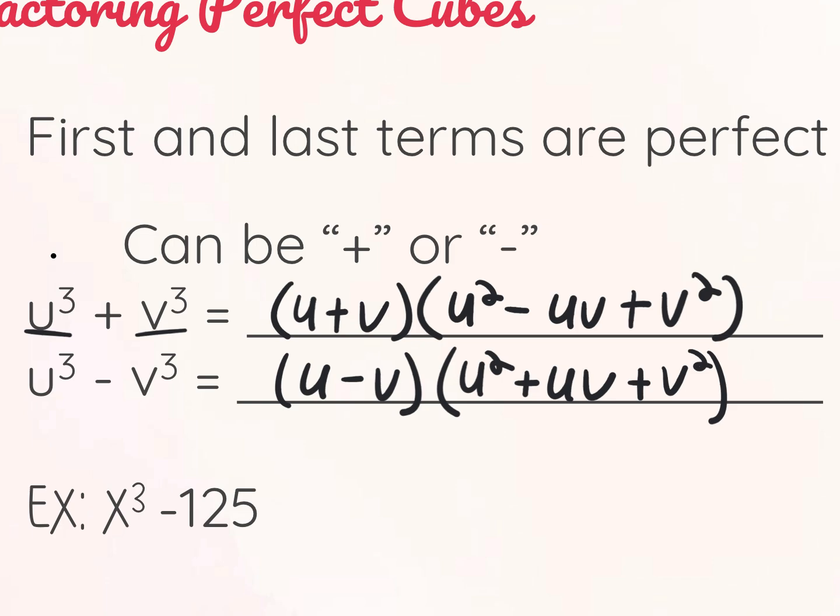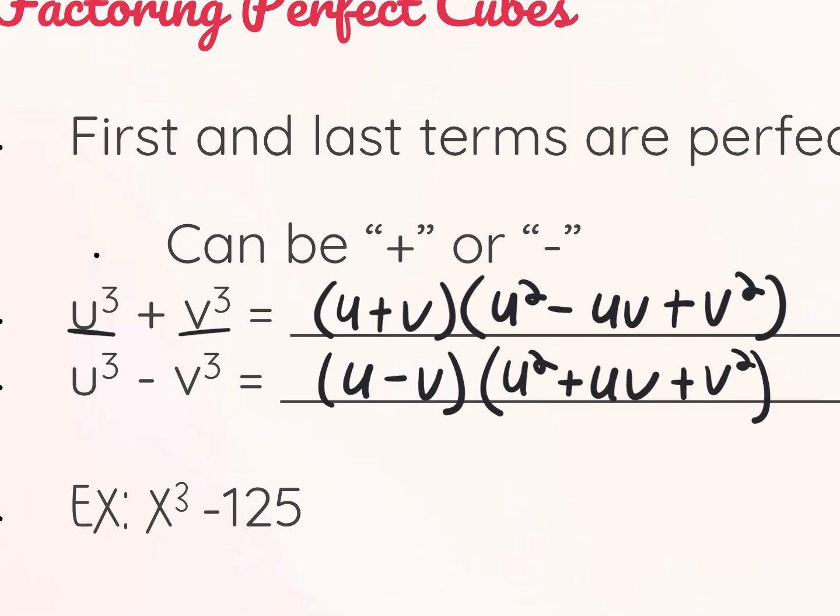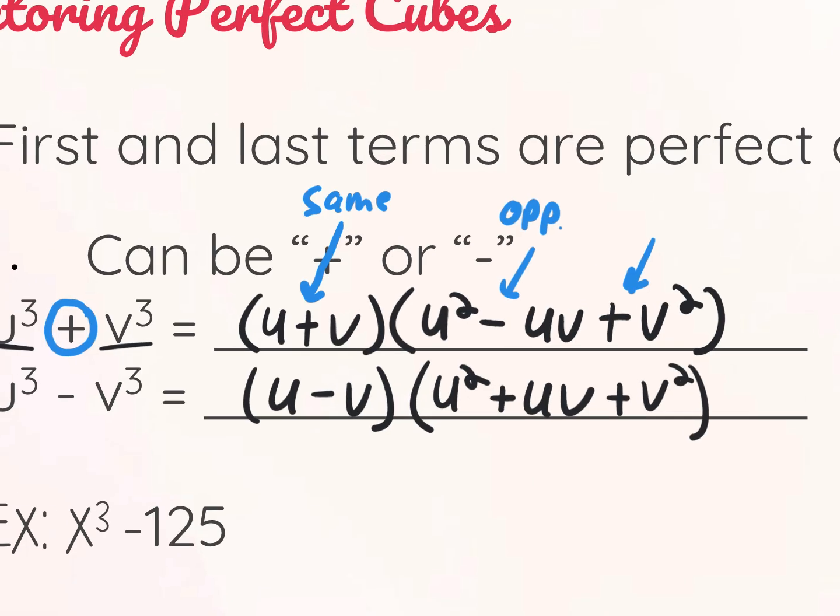One way that I like to remember the signs, some people mess up the signs, is whatever you see in the middle of the original expression, that's what you're going to base this off of. So this first one is going to be the same sign. The second sign that you see is going to be the opposite sign. And then the last sign that you see is always going to be a plus.